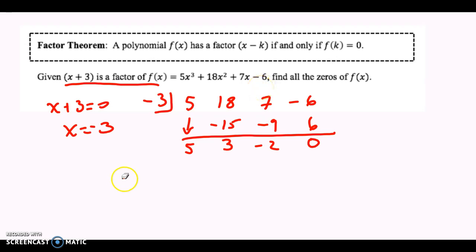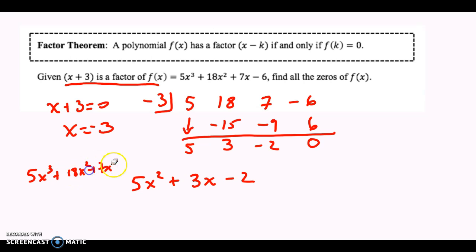In fact, what we get is 5x squared plus 3x minus 2. Oh, cool, that's so awesome.